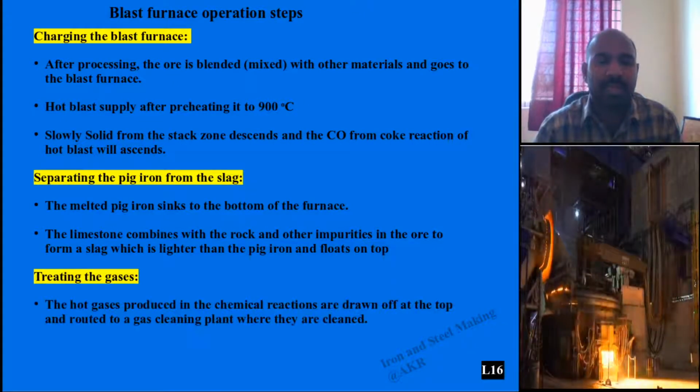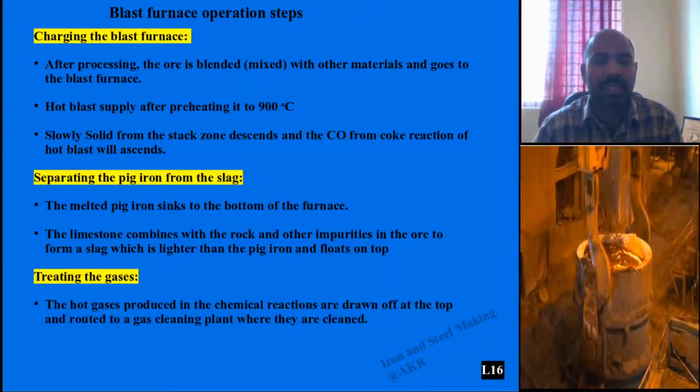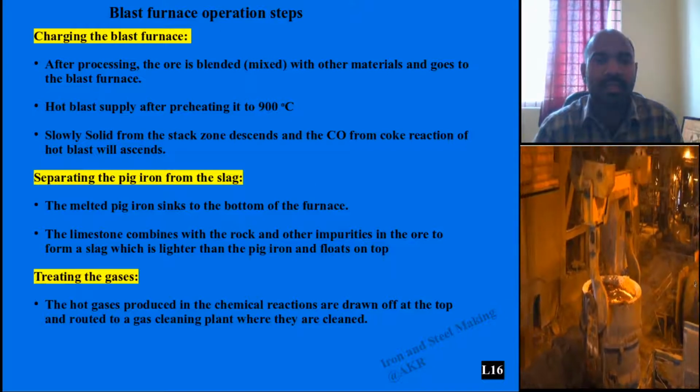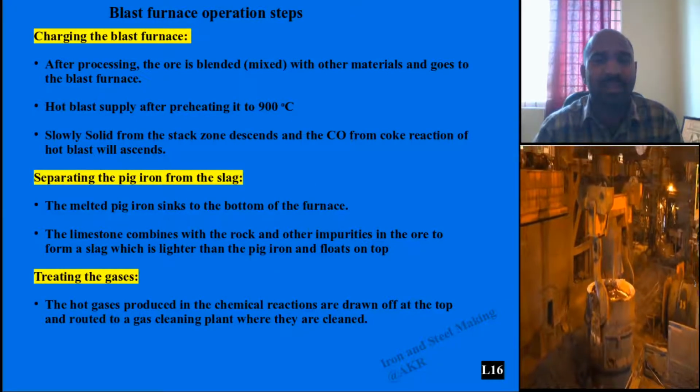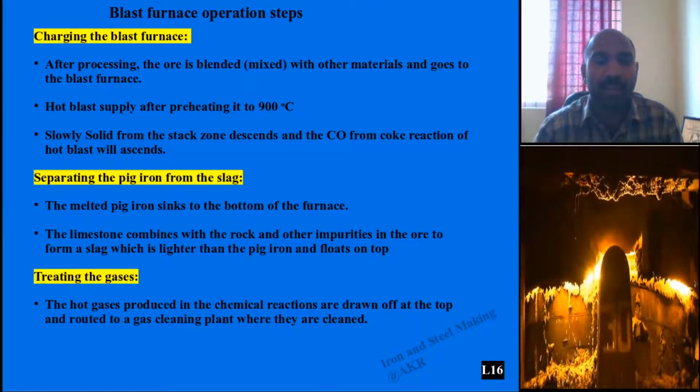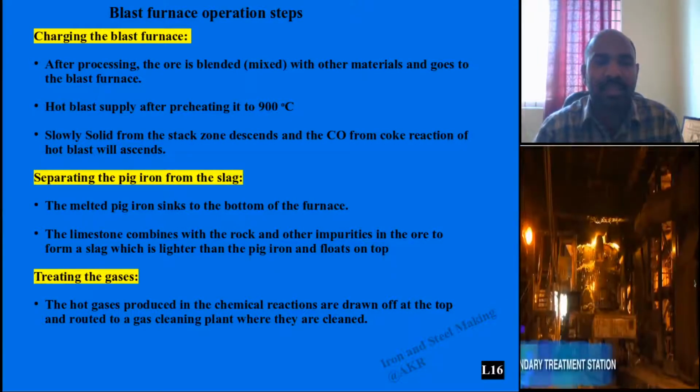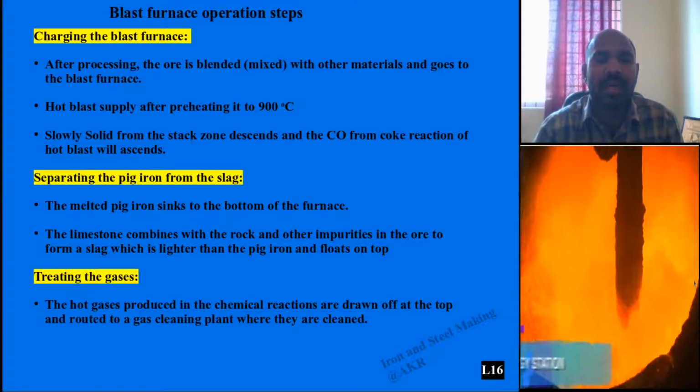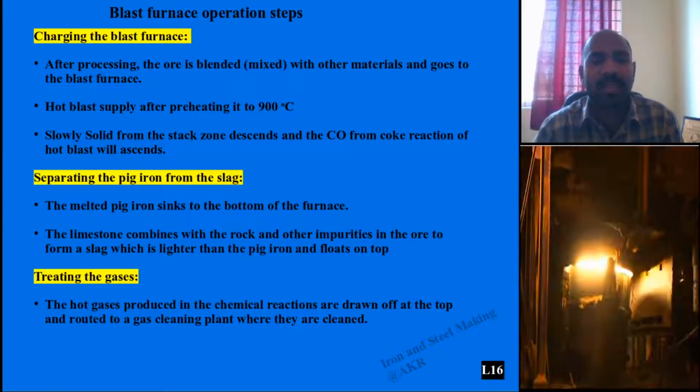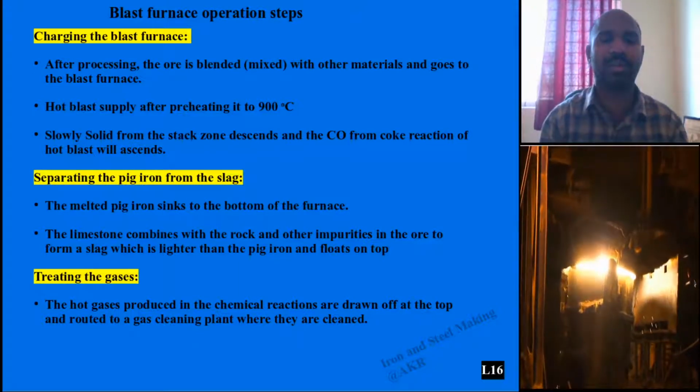And there are gases produced during these chemical reactions. As I mentioned, indirect reduction reactions and direct reduction reactions produce CO and CO2, and those gases go to the top and exit. These gases are not sent directly to the atmosphere.